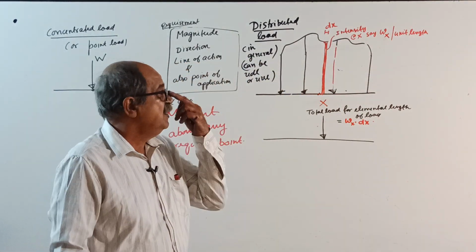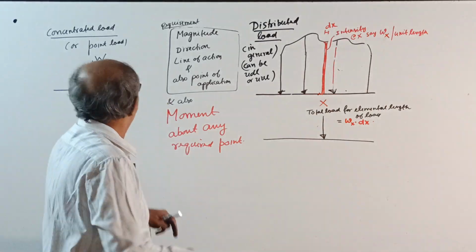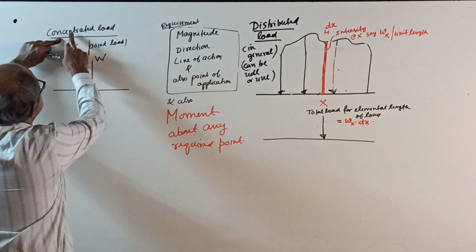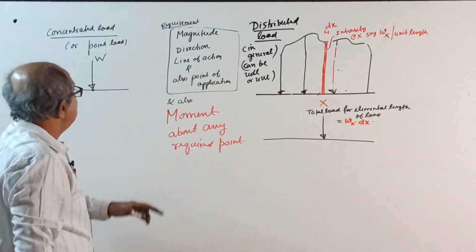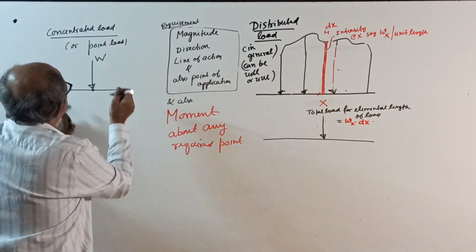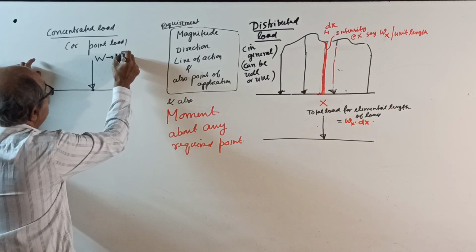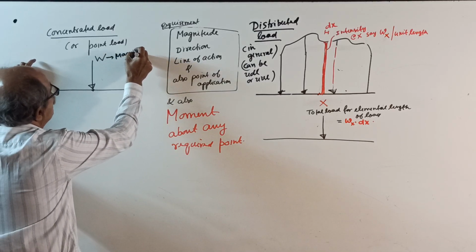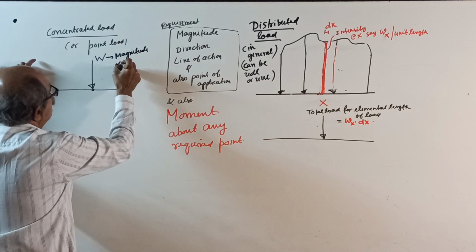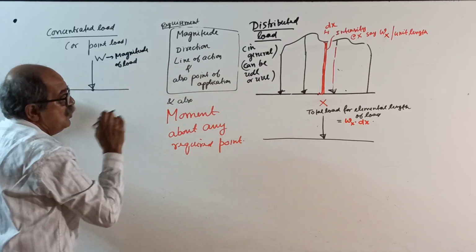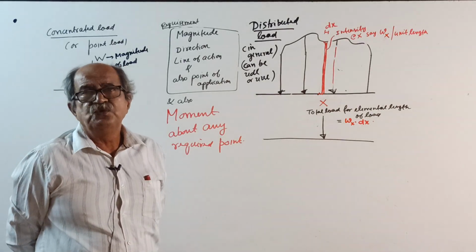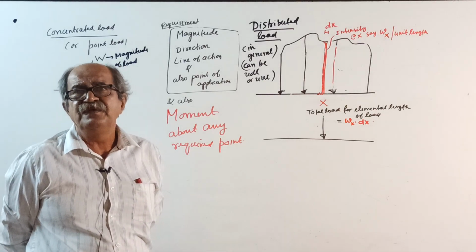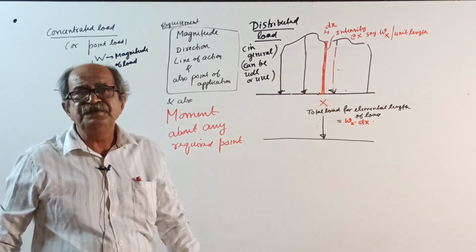Continue. Just a recap. Concentrated load or point load. I already told, it is directly defined by magnitude. So this W is the magnitude of the load. Now, one important piece of information. In many places what they tell, I have seen it, it is utter nonsense.